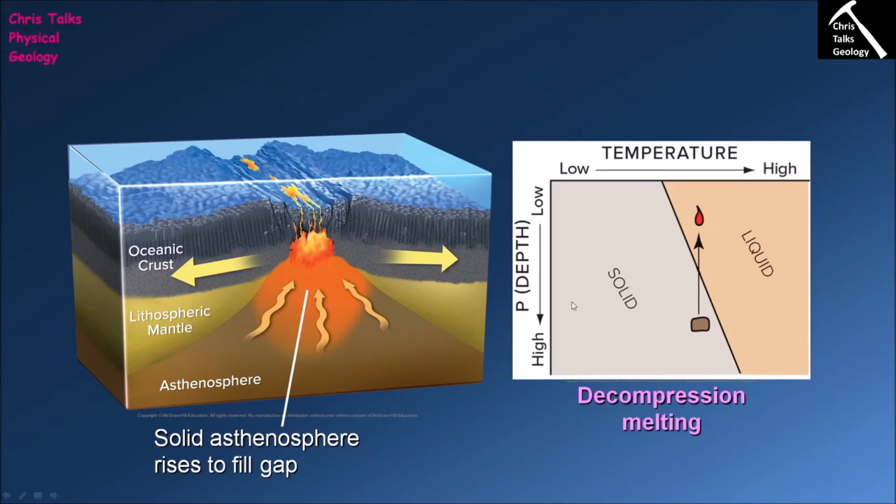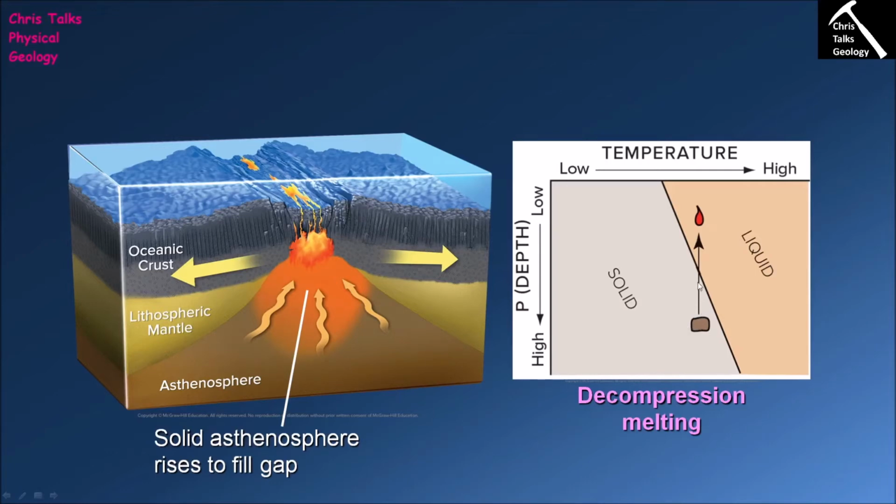And we can see that summed up in this diagram here. This brown block represents our piece of mantle peridotite. Normally, if you're over here, it's very, very hot, but the pressure is also quite high, so it doesn't melt. However, as soon as we take our piece of very hot mantle peridotite and move it up into this lower pressure region, remember, temperature is staying constant in this instance.